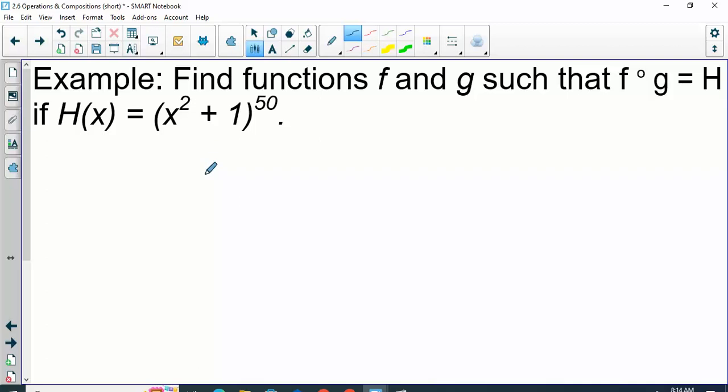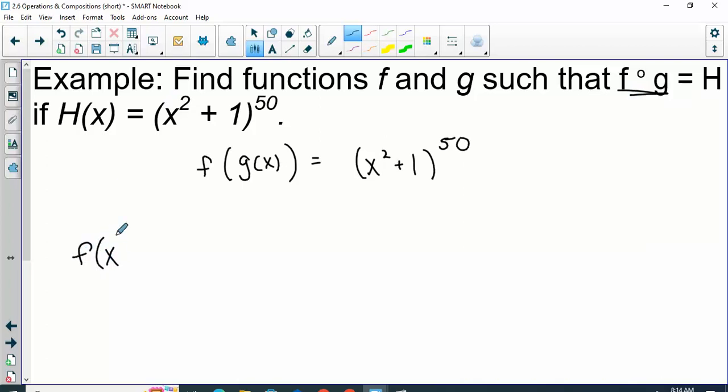So if we did F of G of X, we get this for the answer, because it told me when I composed them it equaled H. I want to know what the original functions F of X and G of X were.